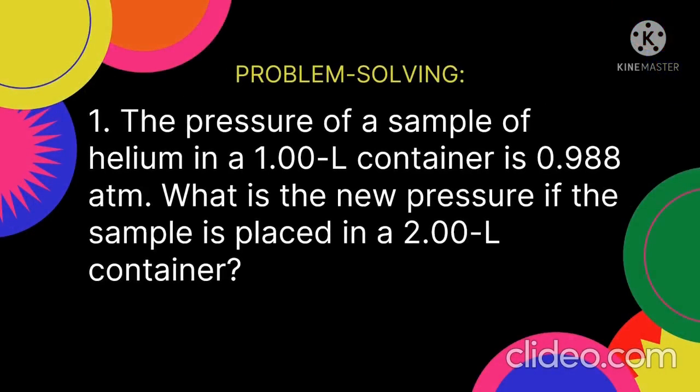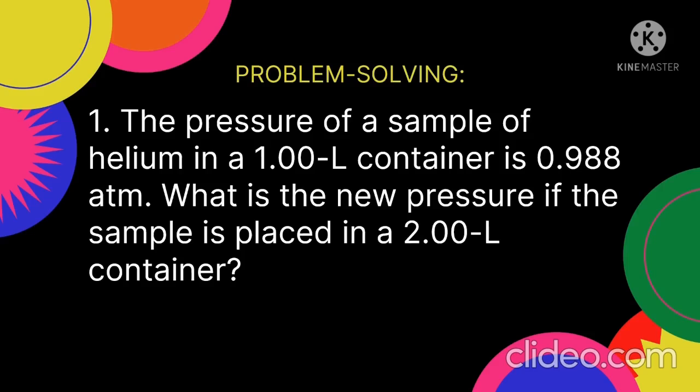This time is the exciting part, the problem solving time. We are going to solve these problems using Boyle's law. For number one, the pressure of a sample of helium in a 1.00 liter container is 0.988 atmosphere.